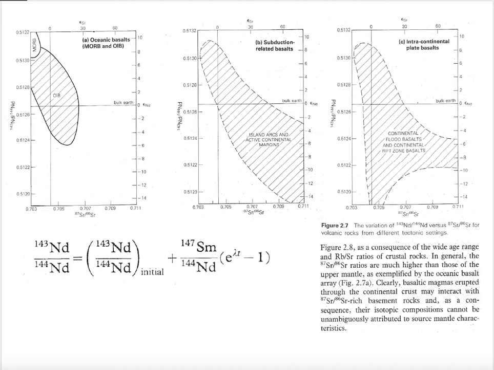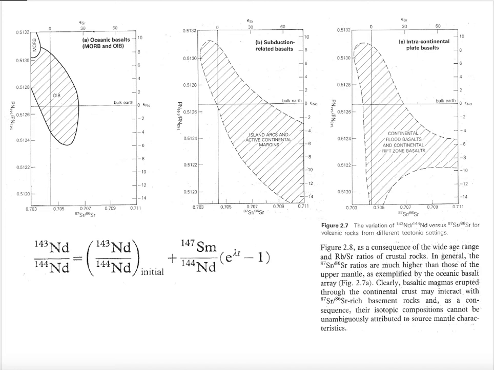Then the next diagram is for subduction related basalts, and they are scattering over the whole area, on the island arcs, yeah. That means also active continental margins like South America, yeah.